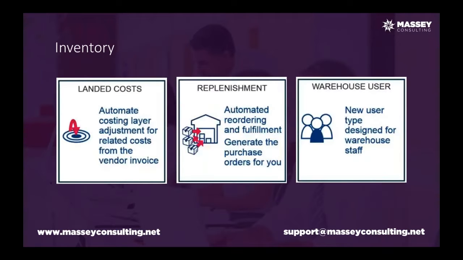All right, so let's talk inventory. And here again, I see a few folks with the inventory module that are dialed in, so that's fantastic. So landed cost. With this release, you're going to be able to automate that costing layer adjustment for related costs from the vendor invoice. So you're going to be able to take the cost. Let's say you order a quantity of inventory from China.